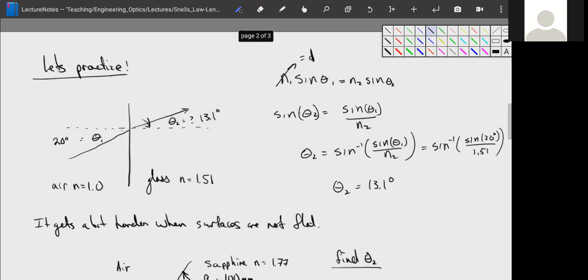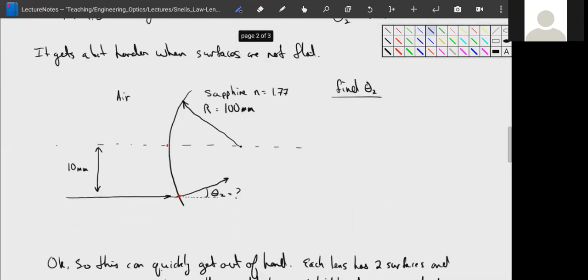This gets a bit harder when surfaces are not flat. So let's say we have sapphire with an index of refraction of 1.77. We have a curved surface with a radius of 10 millimeters. And we have a ray traveling parallel to the optical axis. An optical axis is just a line which passes through the center of the lens.